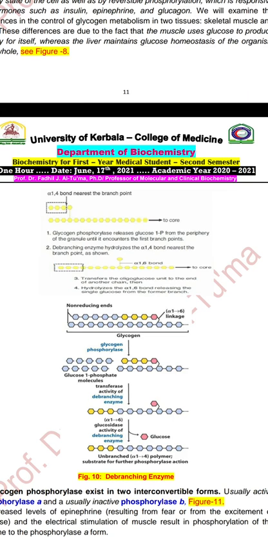Glycogen phosphorylase exists in 2 different forms as mentioned, A and B, figure 11.